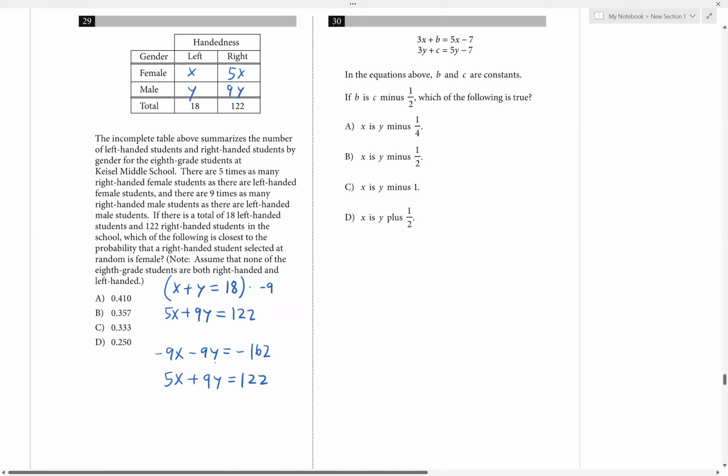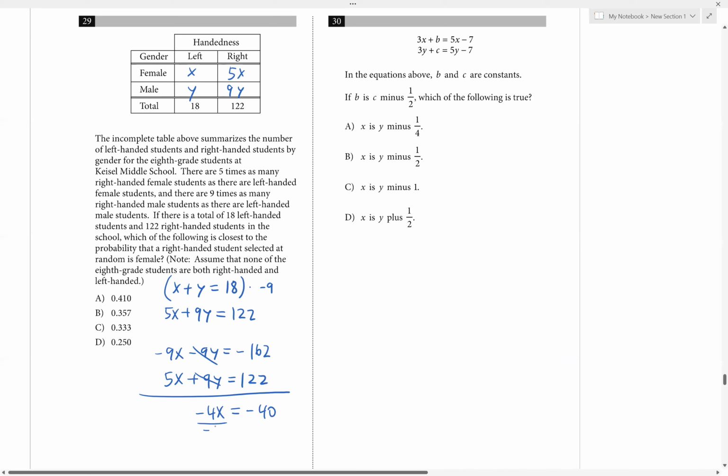Now we can do elimination. We add them up, and the -9Y and the +9Y cancel each other out. We purposely made it that way. Then we have -9X plus 5X, that's -4X, equal to -162 plus 122, that's -40.